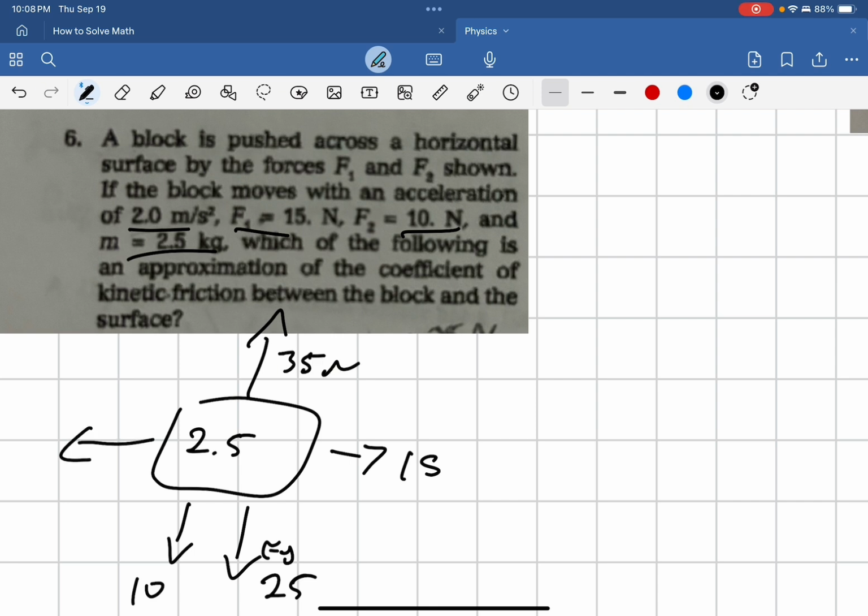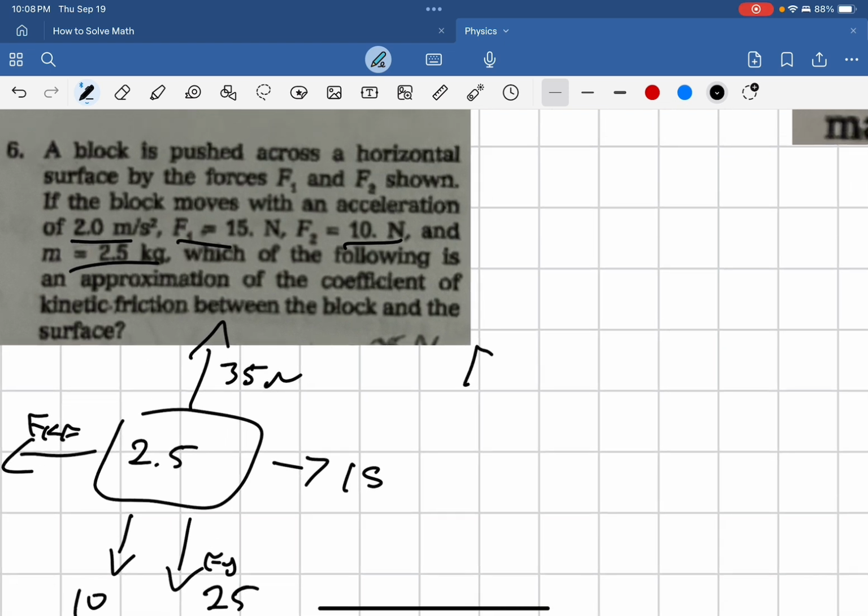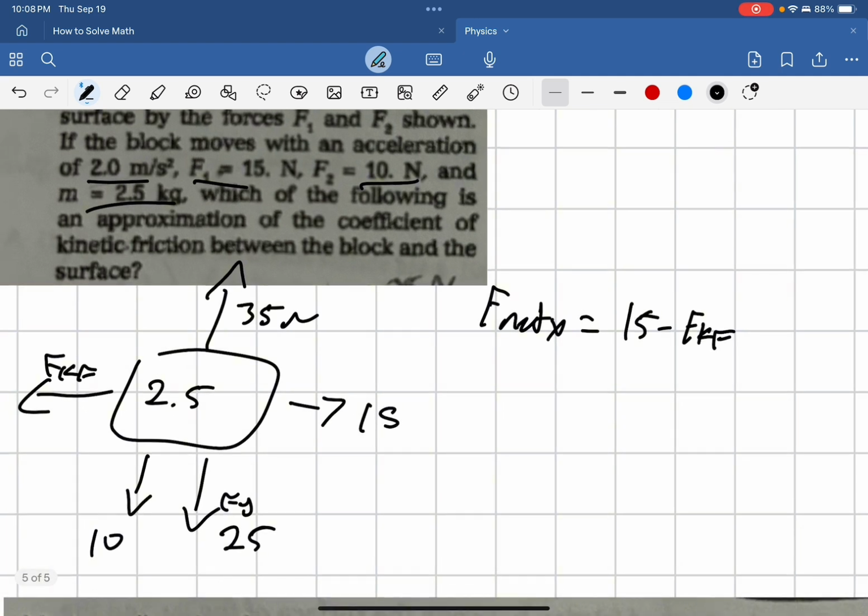And then we have our Fk, and we want to know the approximation of the coefficient of kinetic friction. So we know that F net of x is equal to 15 minus Fk, and we know that the acceleration is 2, so 2.5 times 2 is going to be 5, which is equal to 15 minus Fk.